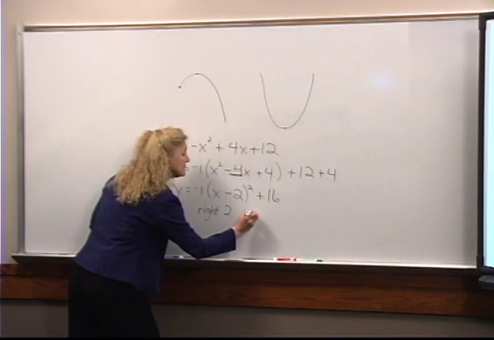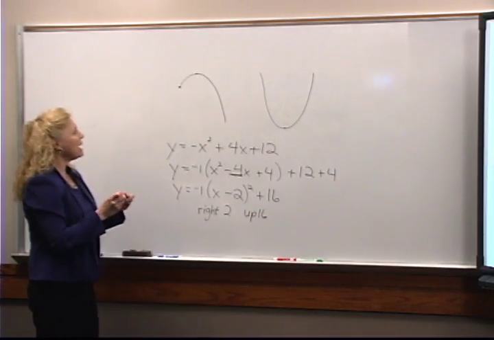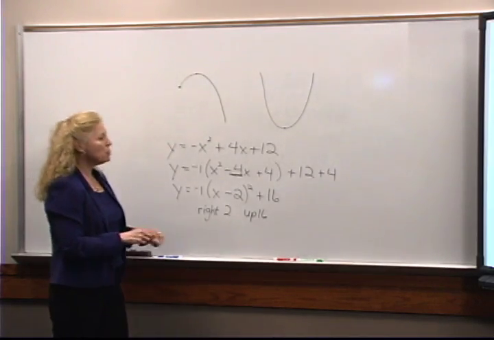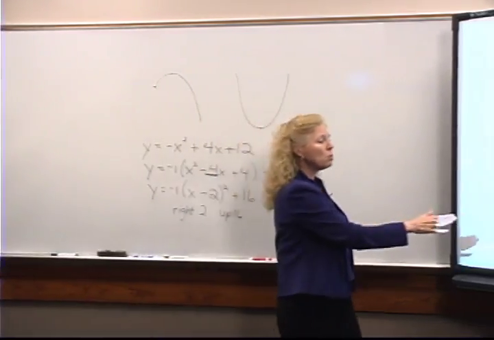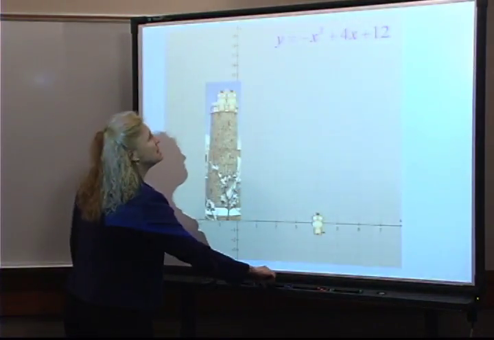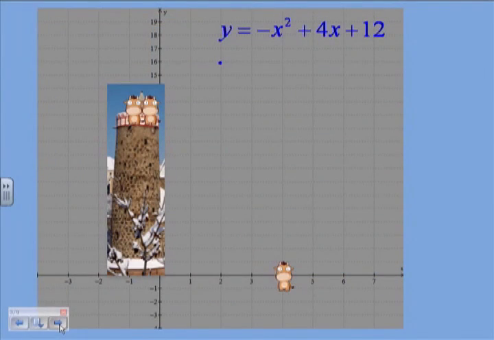We'd go up 16. So we would have actually this shape because he's opening downward, and we would go from the origin, we would go right 2 and up 16. So his pathway actually goes up through that point.